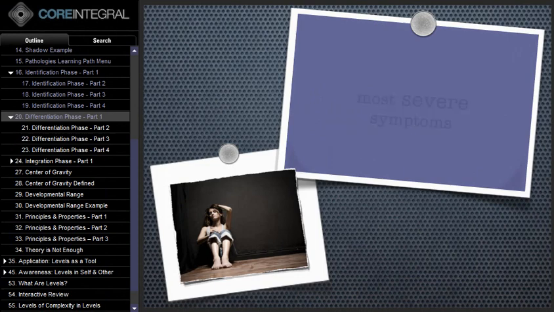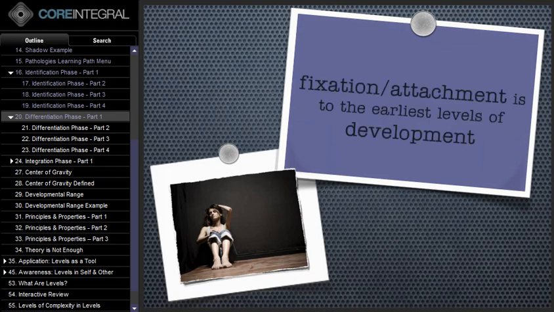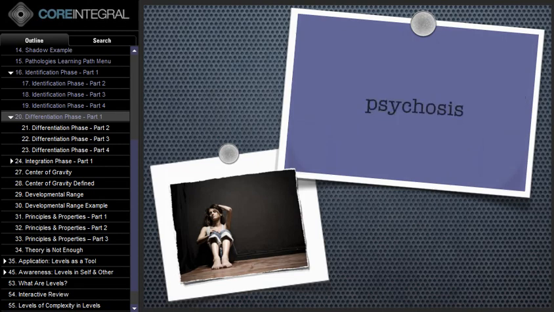The most severe symptoms of this hidden attachment manifest when the fixation or attachment is to the earliest levels of development. Fixation to a view from very early levels results in pathologies such as psychosis or the invasion of the rational mind by early pre-rational views and impulses. Another possibility is the formation of various personality disorders, depending on the level that has been poorly negotiated and the severity of the fixation.